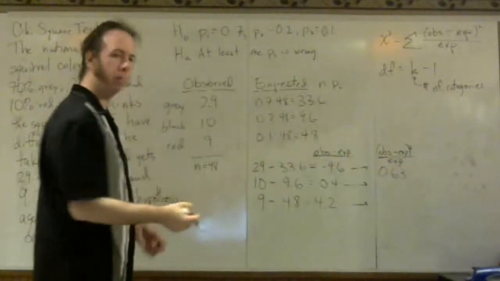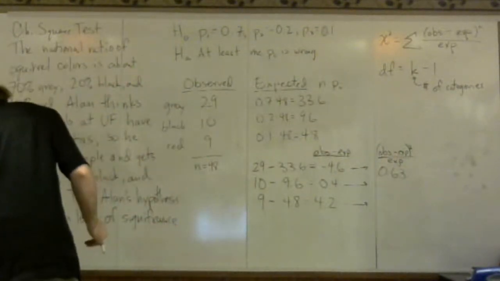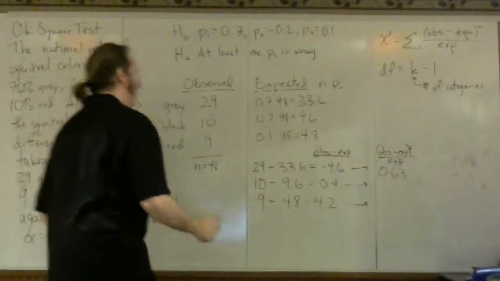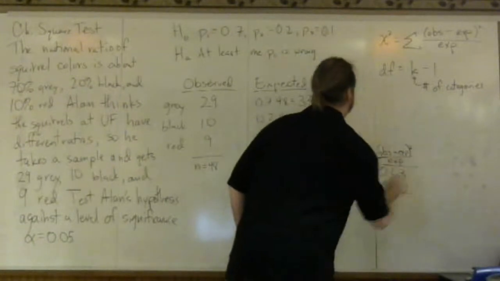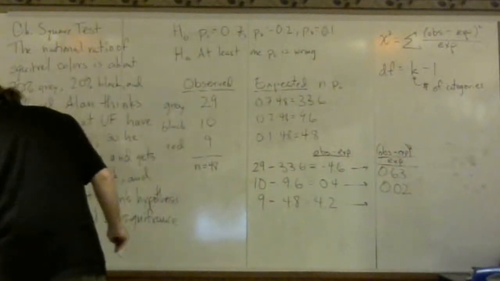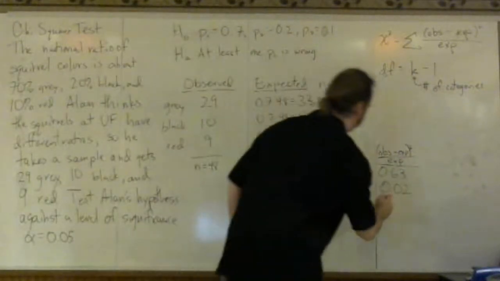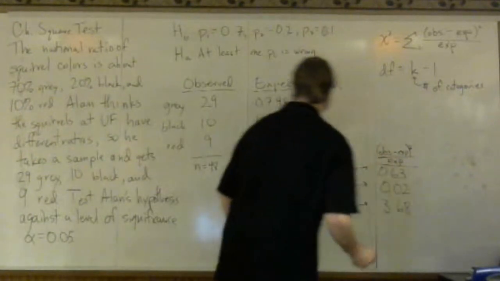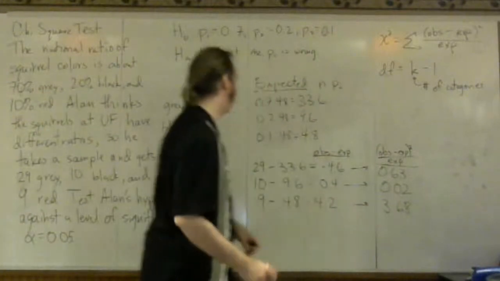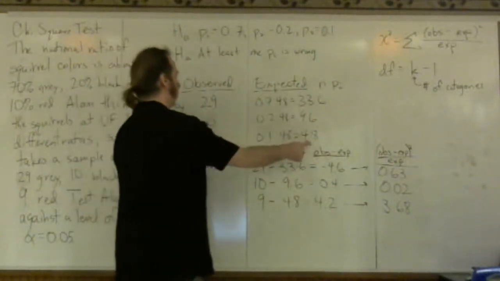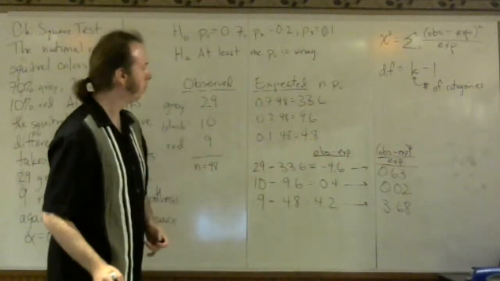The first one I get about 0.63. The next one is about 0.02. And the last one gives me 3.68. Notice this last one is the largest out of them, and that's kind of the one that was off by the most.